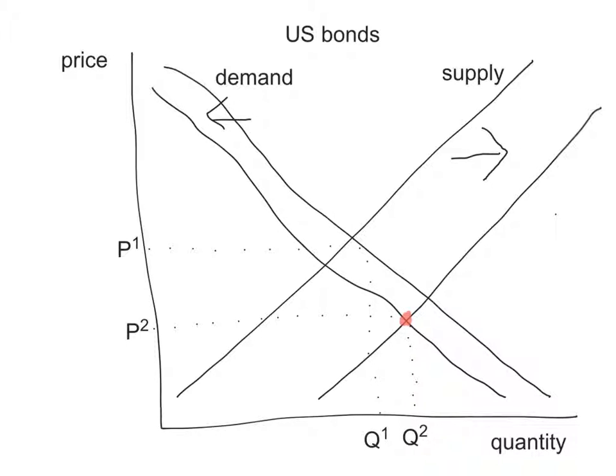However, if you play around with the demand and supply curves, the location of Q2 actually could be greater than Q1, it could be the same as Q1, or it could be less than Q1. It depends on the relative movement to the left of demand and the relative movement to the right of supply.